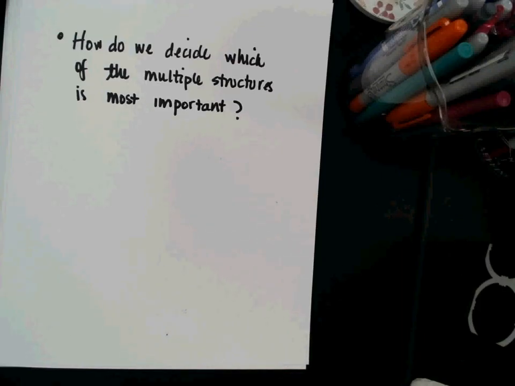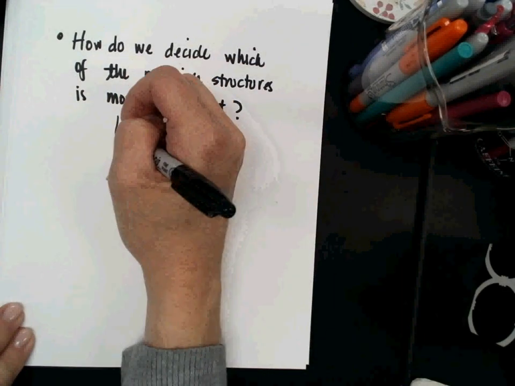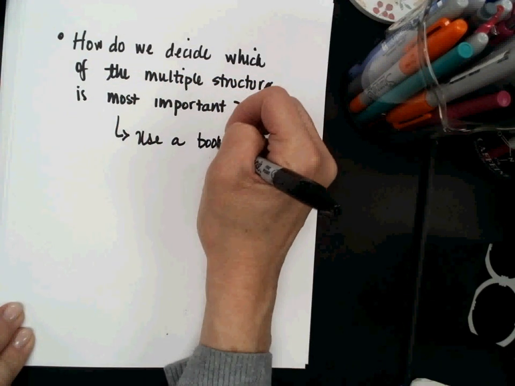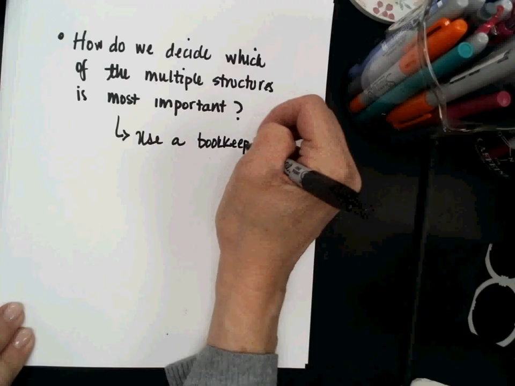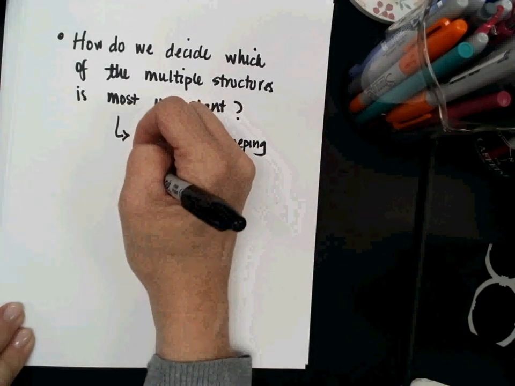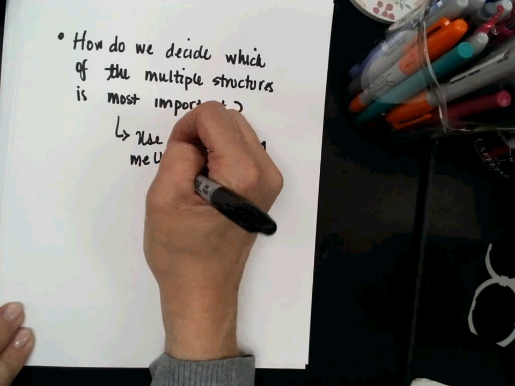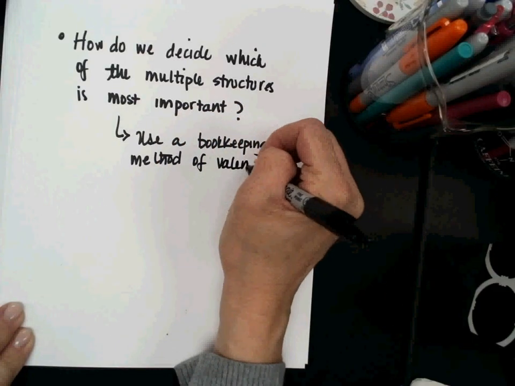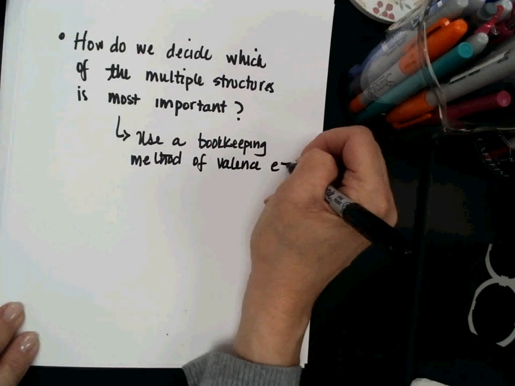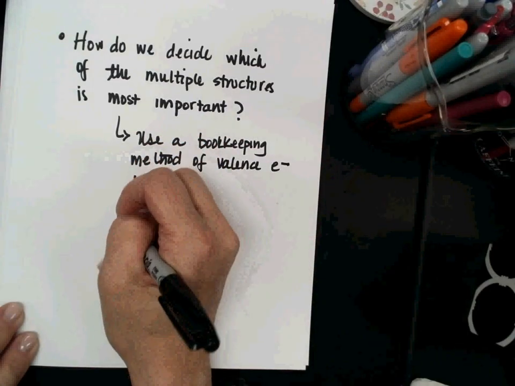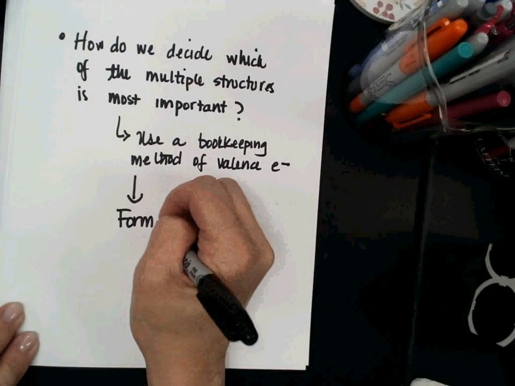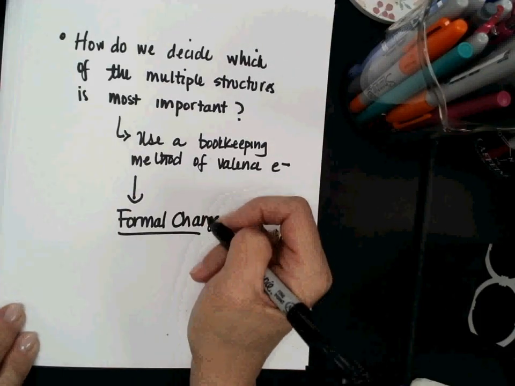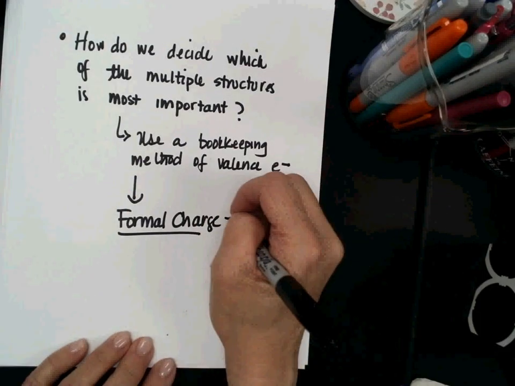So we have to ask ourselves, how are we going to figure out which of the structures is the most important? And to do this, we use what is called a bookkeeping method of valence electrons, and it is called formal charge.